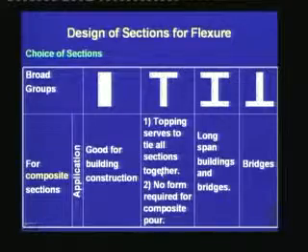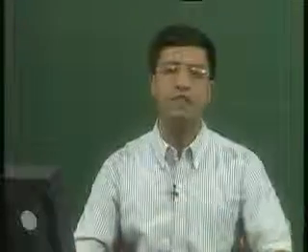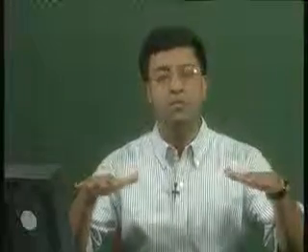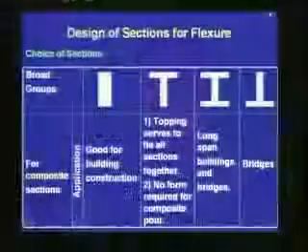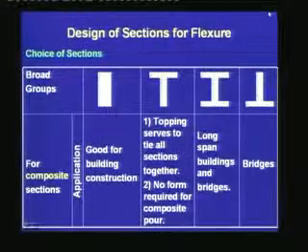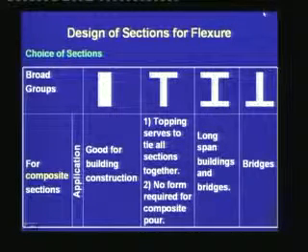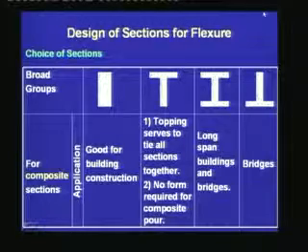That means we are placing the T section side by side, and over that, when we are placing a topping slab with some continuity reinforcement, then the topping slab helps to force all the T members to deform together. And for this type of section, we do not need any formwork for the composite pour of the concrete.